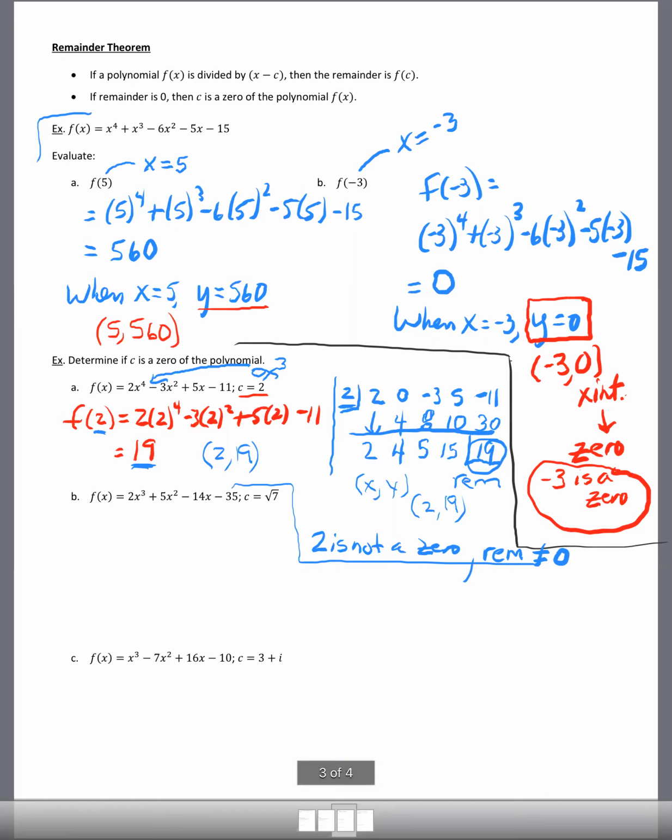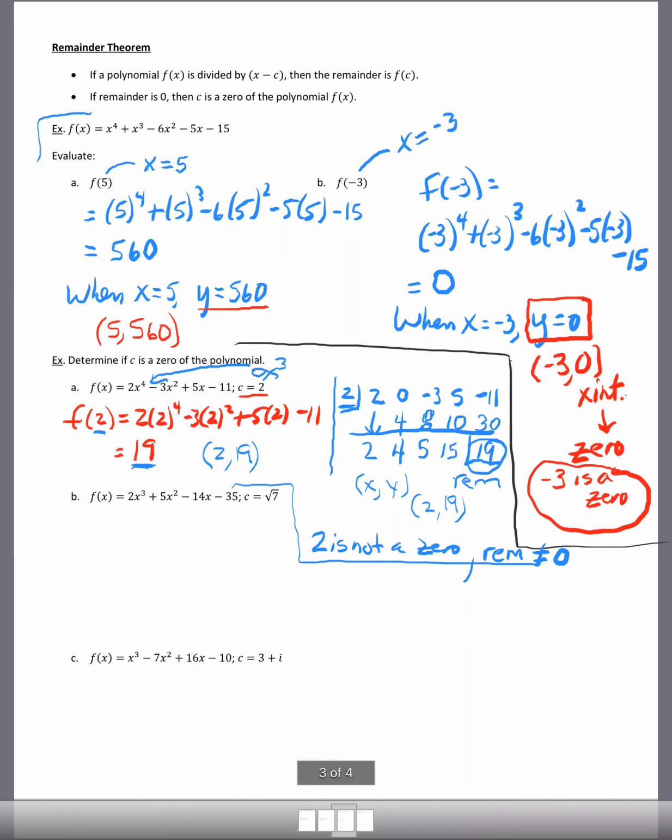The next 2 problems basically show that you can do this with all types of numbers as you're checking to see whether or not you have a 0. You can definitely plug in the square root of 7 and see if you get 0 as a value, or you can synthetically divide by it. In your notes that I've written out, you'll see that.